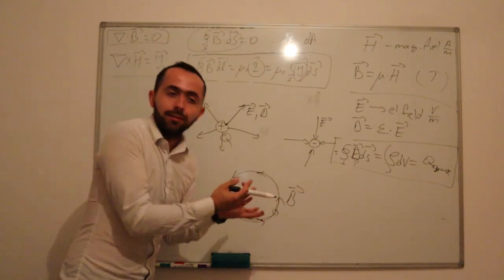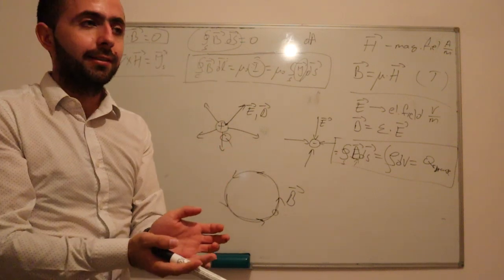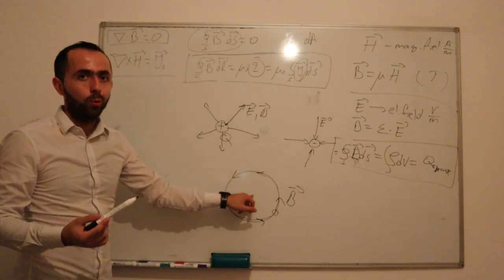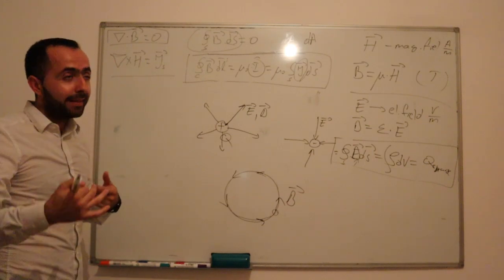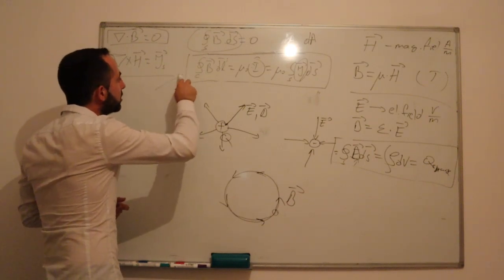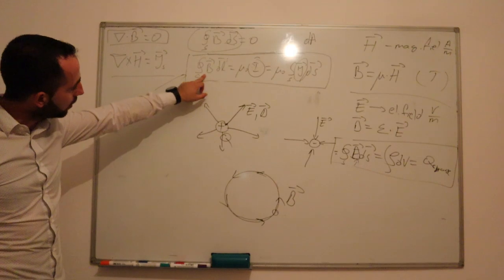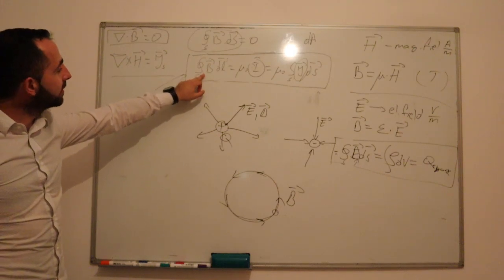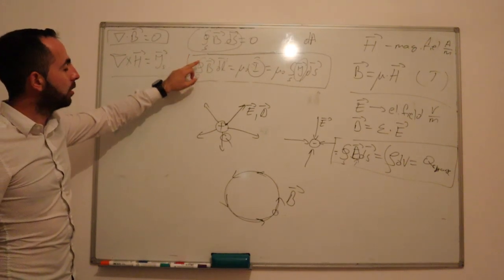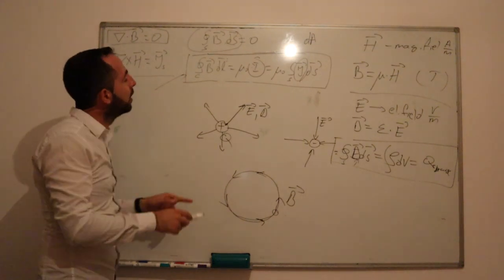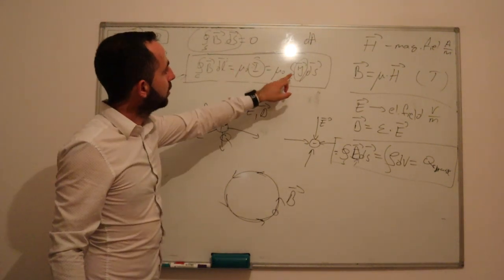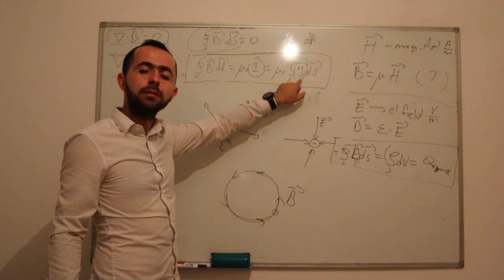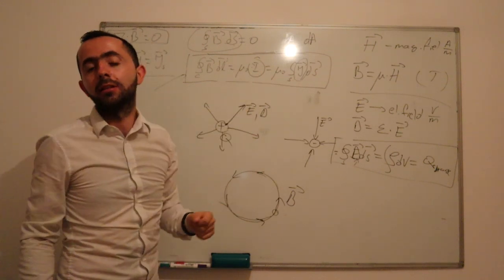But what creates a magnetic field? What type of source then? Then this other equation, Ampere's law, says that the line integral over a closed curve is equal to the current density, or to the current.